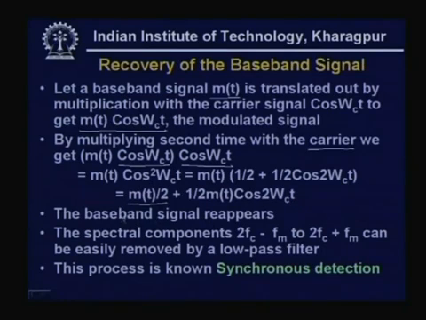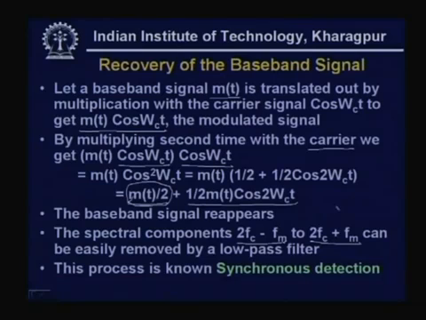We observe that the baseband signal has reappeared here. However, you have also got two other frequency components, 2fc minus fm and 2fc plus fm. If you expand this half m(t) cos 2ωct, you will get these two frequency components, 2fc minus fm and 2fc plus fm.